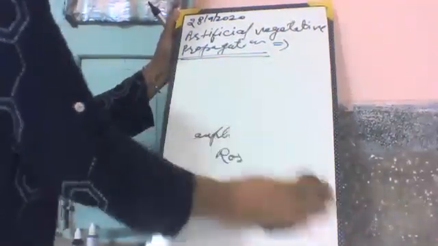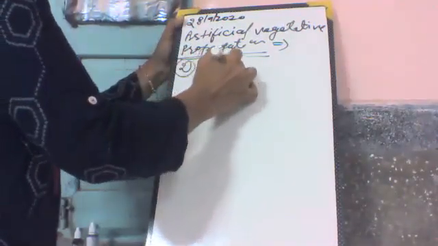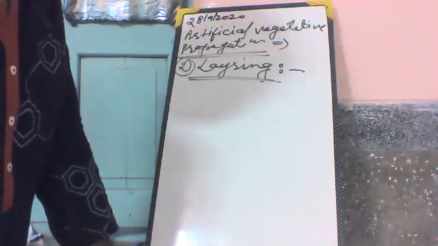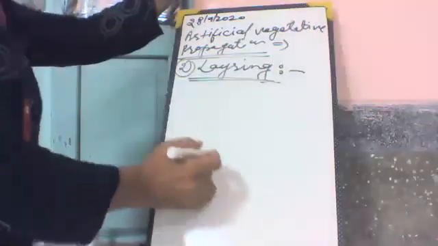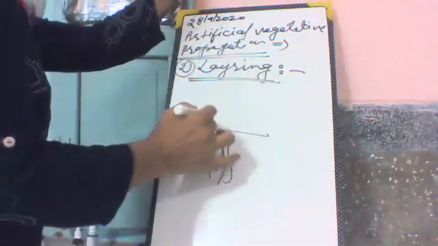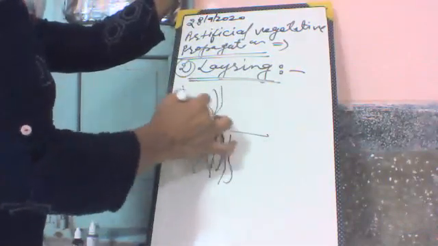Layering. In this method, a portion of one of the lower branches of the plant, with an axillary bud at the node, is bent down to the ground. What happens here? There is a plant. It has many branches.